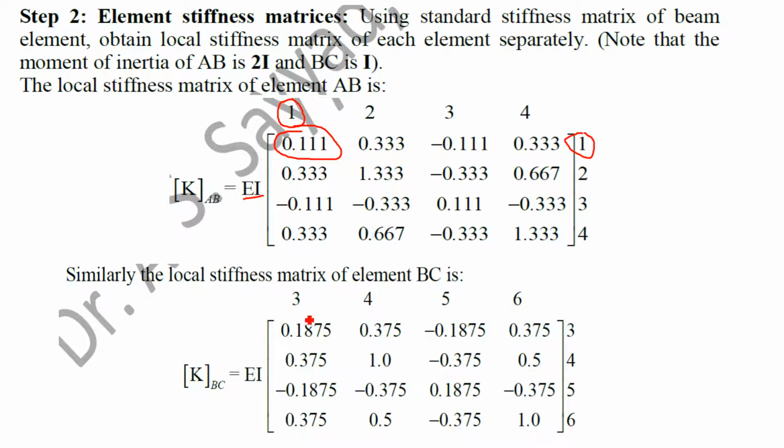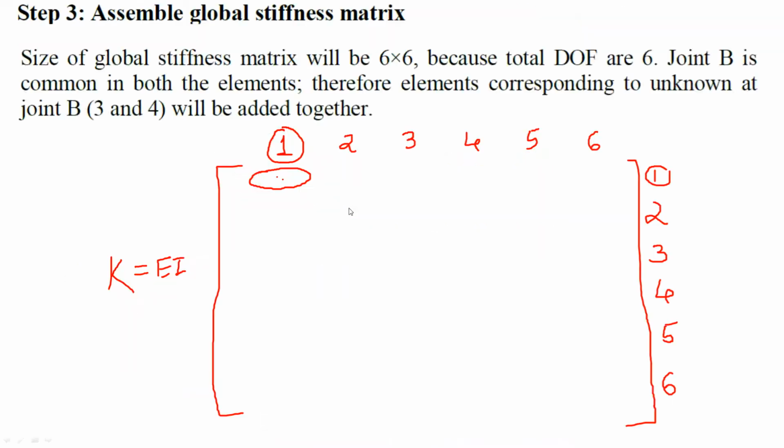There is no such combination in the second matrix, so there is only one combination of this 1 1, and that is 0.111. That element you write down here.